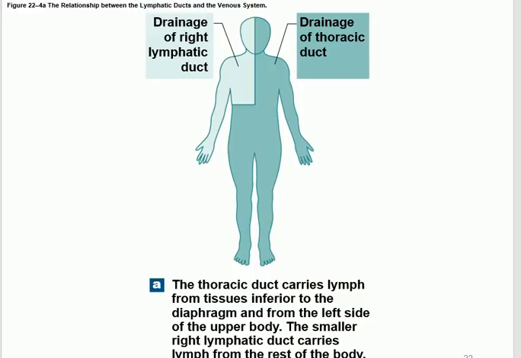Now here is the distribution I was talking about. It's not the upper part of the body and the lower part of the body. It's not like that. That was in the veins. Here, look at this quarter of the body almost. I want you to remember this picture because I can ask you, the right upper limb, for example, is it drained by the right lymphatic duct or the thoracic duct?